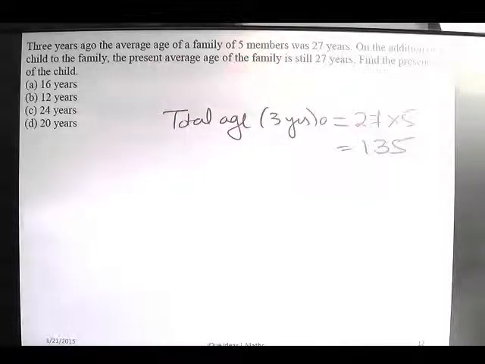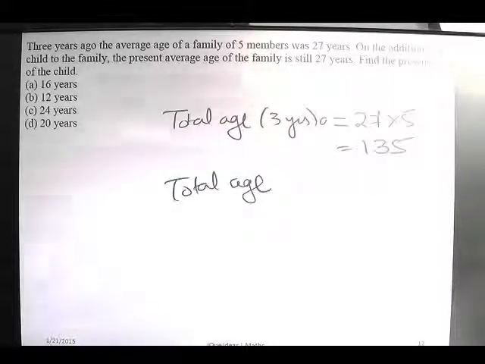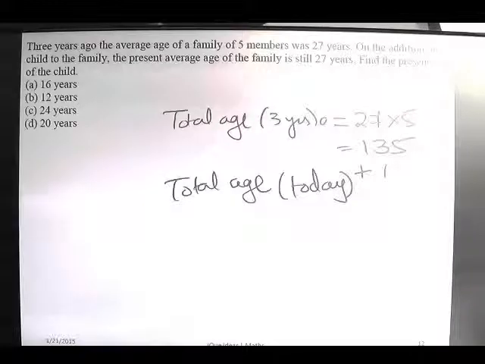Now it has been 3 years, which means every single person will be aged by 3 years. So the total age of all the 5 members today will be the total age plus 3 for every member, which is 15, which is 150.